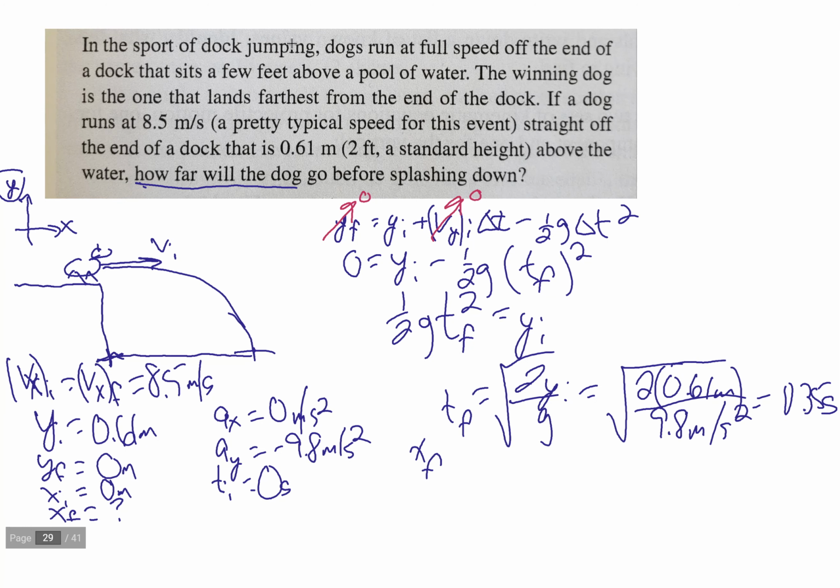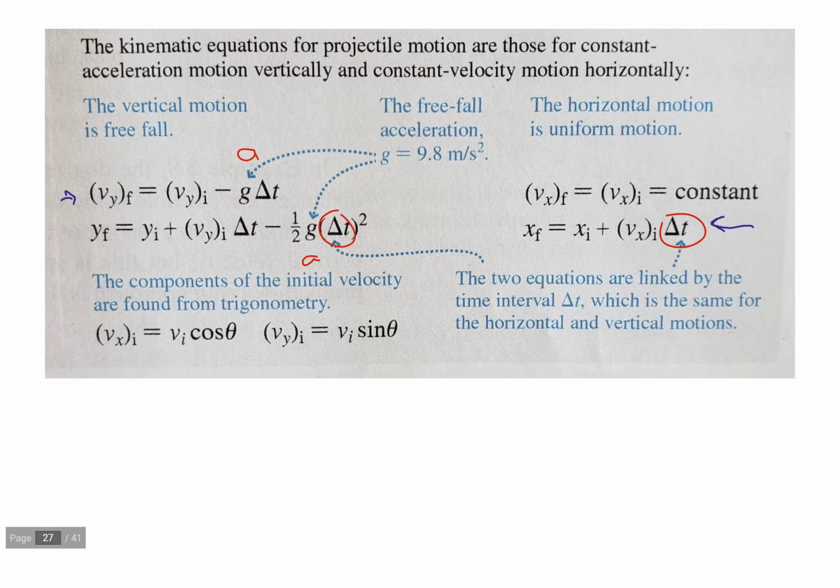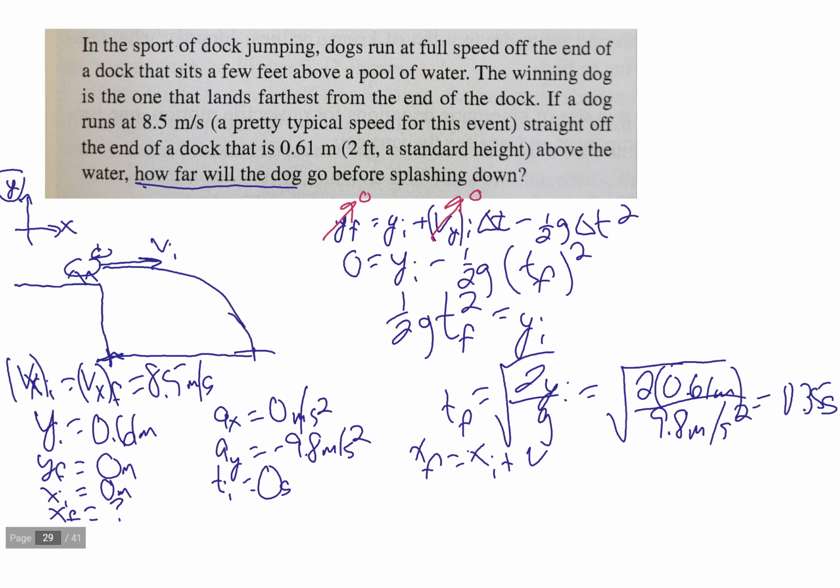X sub f, I'm going to write down the whole thing, equals x sub i plus v sub x initial delta t.